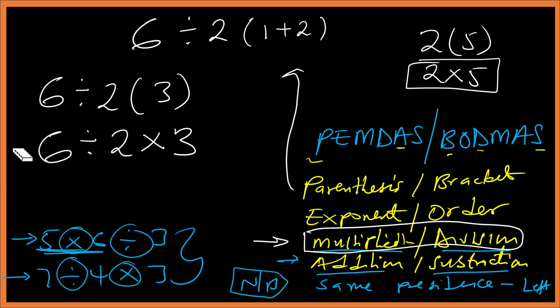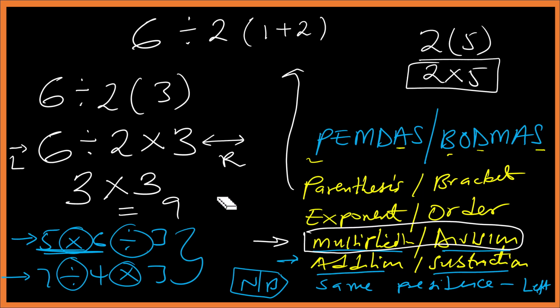So this is my left and this side is my right. With my left here, I see division, so I'll just divide. So 6 divided by 2 is 3, times 3. So this side will be what? 9. As simple as that.